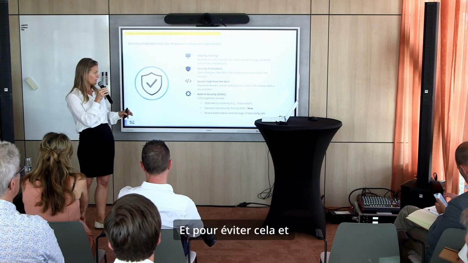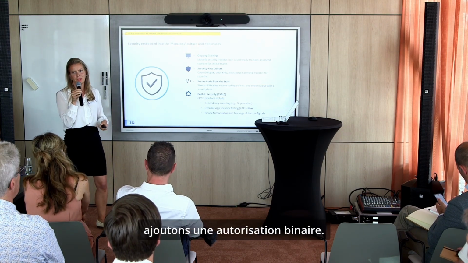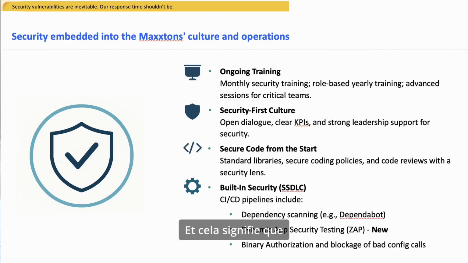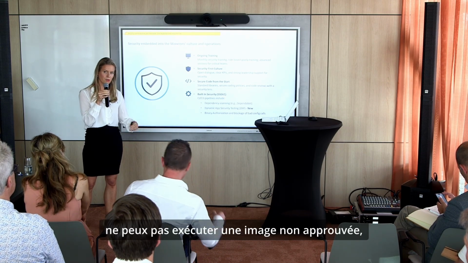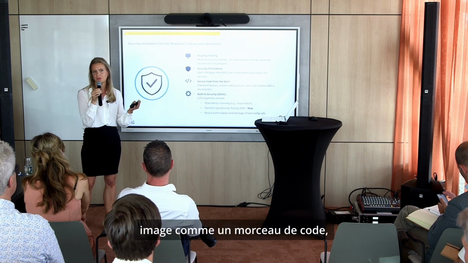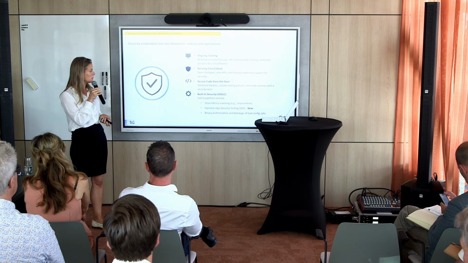And to avoid that and completely shut the possibility of that happening, we add binary authorization. And that means that even me, with my access, and I have a lot of access, I can't run an untrusted image, which, if you think of an image as a piece of code, into any of our environments.